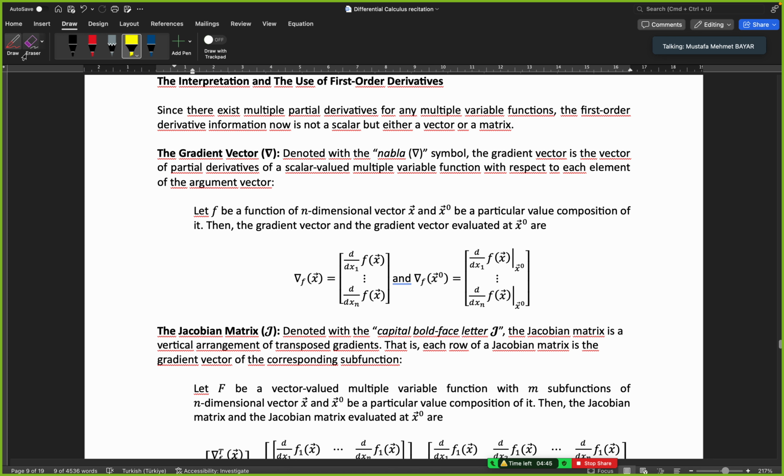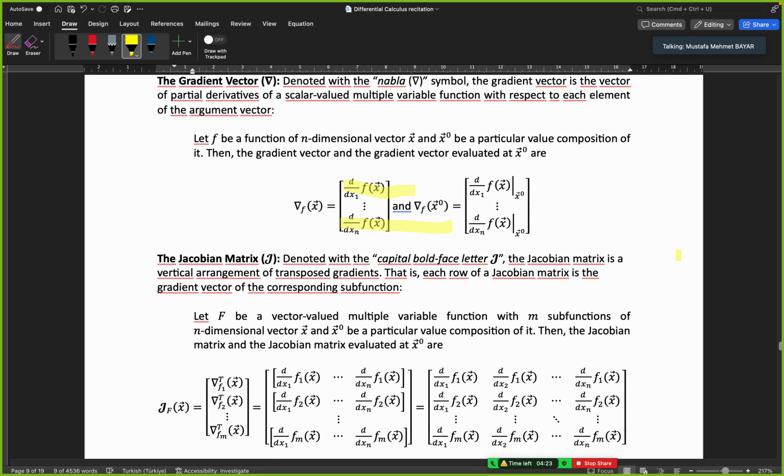But let me just introduce the notation. The gradient vector is the first order derivative information for scalar valued multivariable functions. And this vector is a list of first order derivatives with respect to each argument.